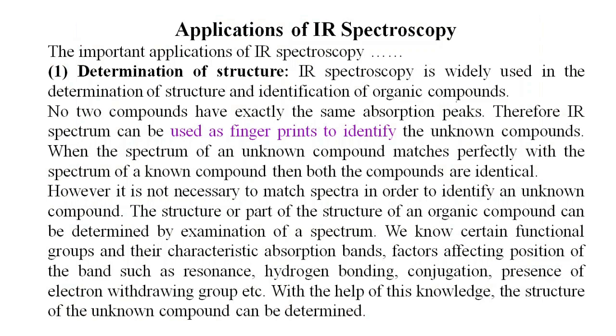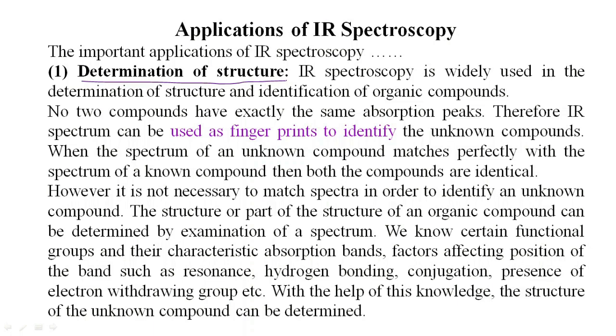Finally, what are the applications of IR spectroscopy? Two main applications of IR spectroscopy, that is determination of structure. To identify the functional groups present in the compound is the main application of IR spectroscopy.